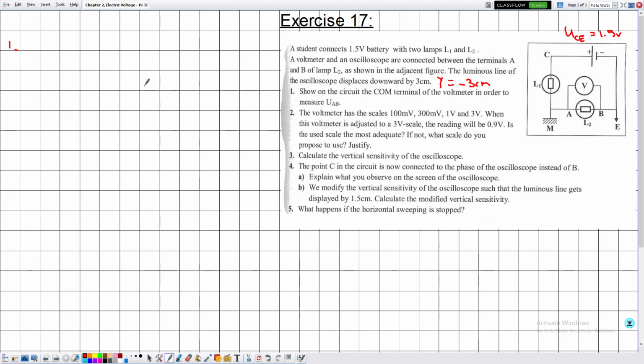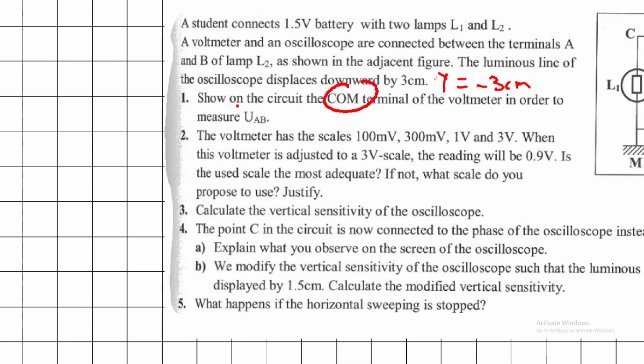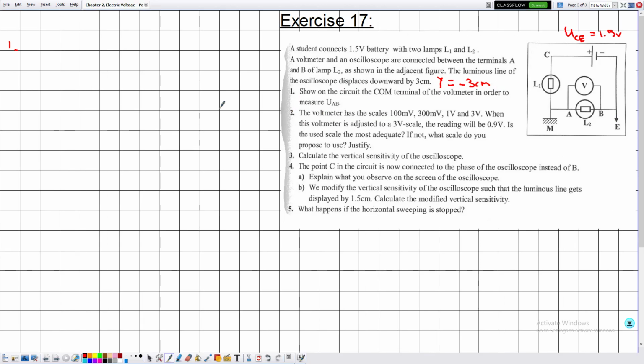And number 1, they are telling me to show on the circuit the COM terminal of the voltmeter in order to measure UAB. Notice that the COM terminal is always related to the second point.